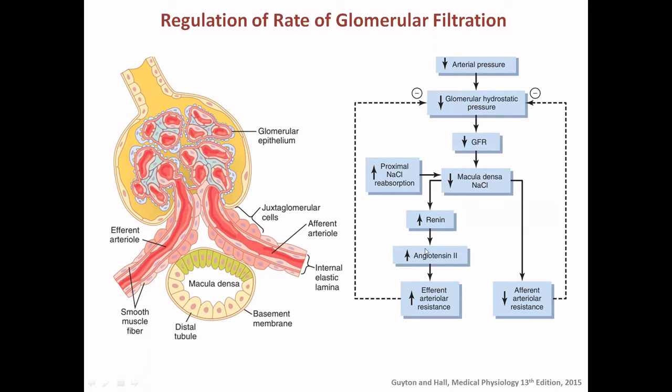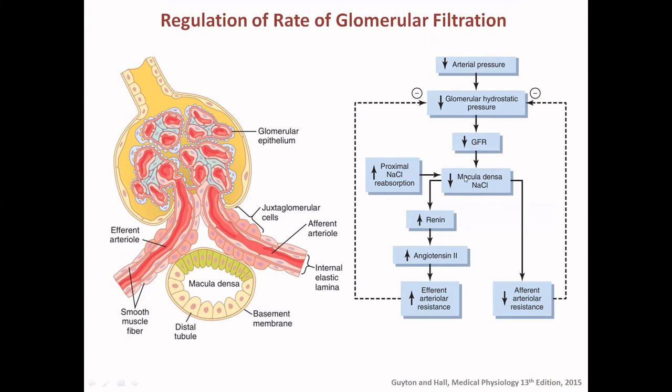Angiotensin 2 will become active, and after that the efferent arteriolar resistance will increase, meaning the net difference in the pressure between the afferent and the efferent will be more, so GFR will increase. So this will negatively regulate the decrease in the GFR, and the glomerular filtration will increase.